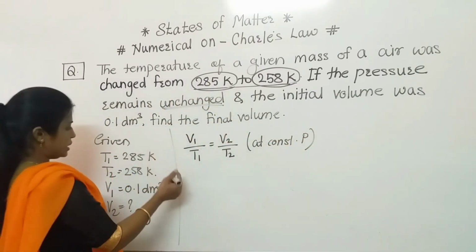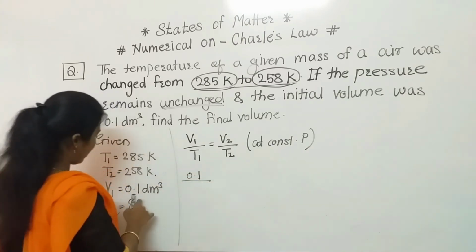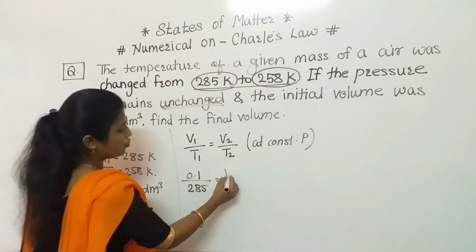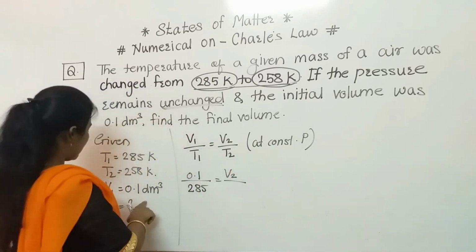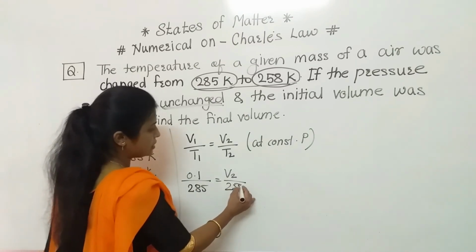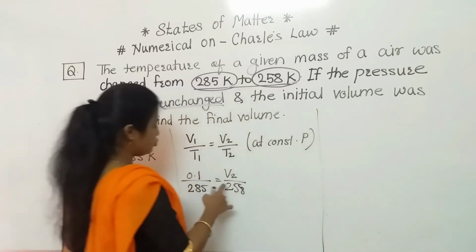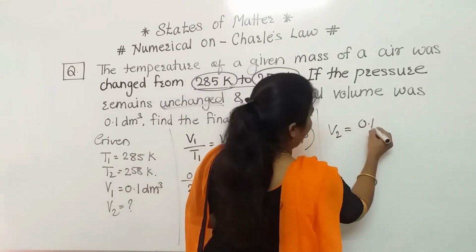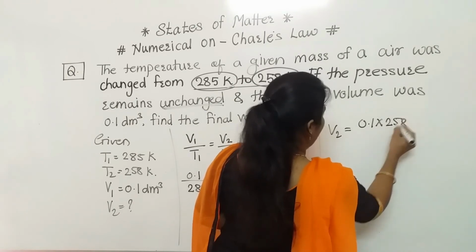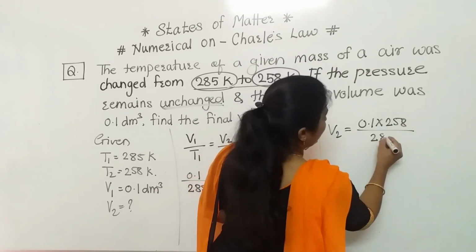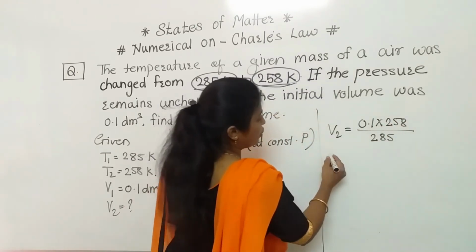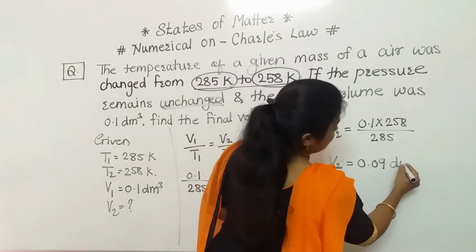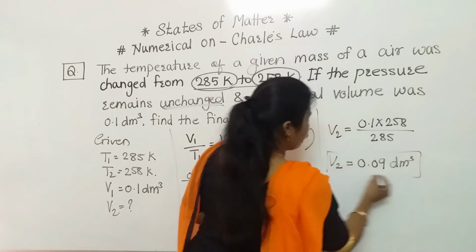So V1 is 0.1 divided by T1, 285, is equal to V2, which we have to find out, divided by T2, 258. After rearrangement we get V2 is equal to 0.1 into 258 divided by 285, and after the calculation we get the answer, 0.09 decimeter cube. This is our final answer.